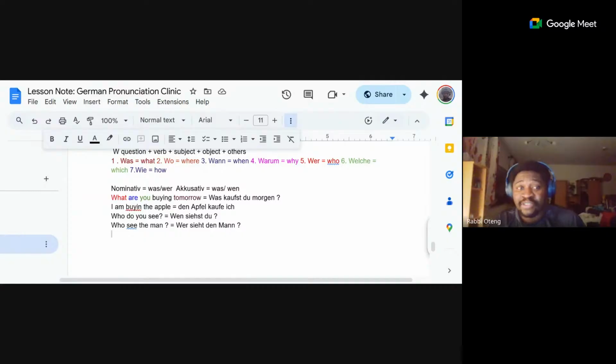With which, because apart from wer, was, and welche, although I am saying that was doesn't change, it's good to know, because when you're replying to questions with what and there's another subject, then the reply to the was will have to be in the accusative. But wo, wann, and warum remain the same, they don't change.